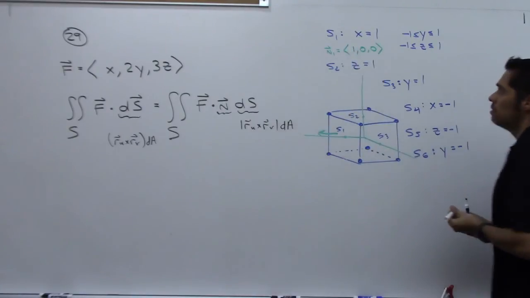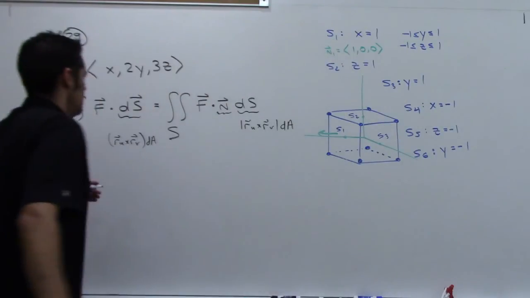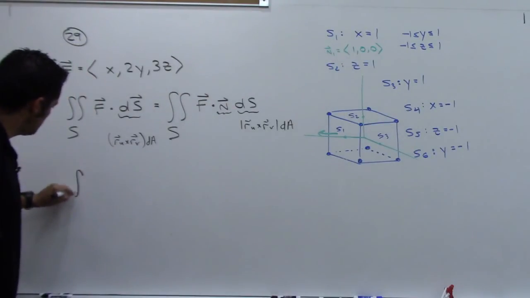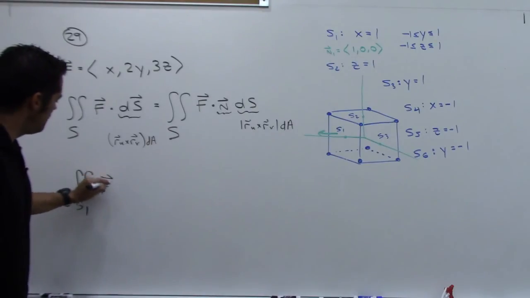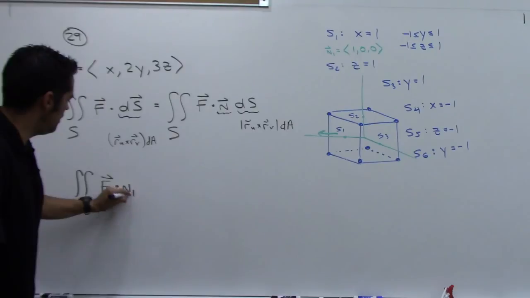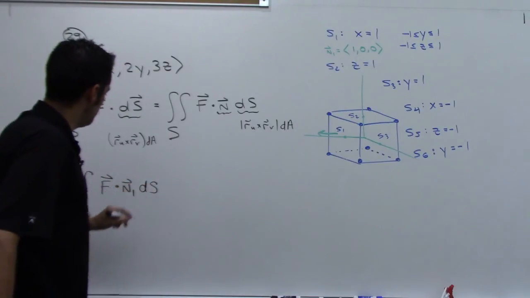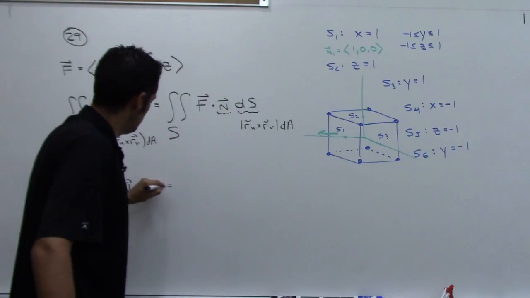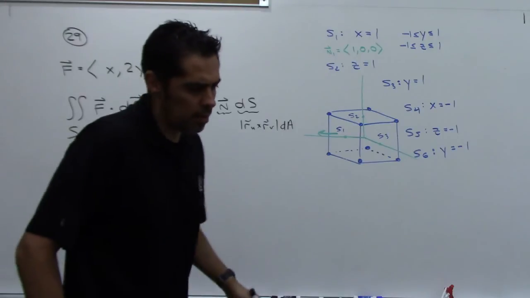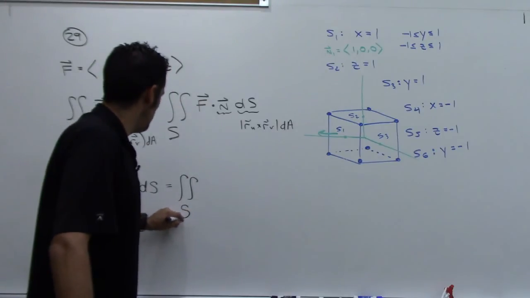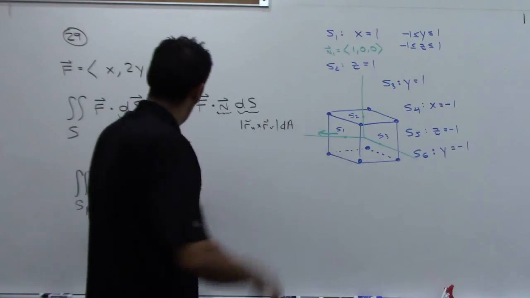I know that for sure. So that means that if I'm trying to find the flux on S1, I just need to take F and dot it with the normal of the first surface, n1, dS, which would be the double integral over S of, well, what is F dotted with 1, 0, 0?